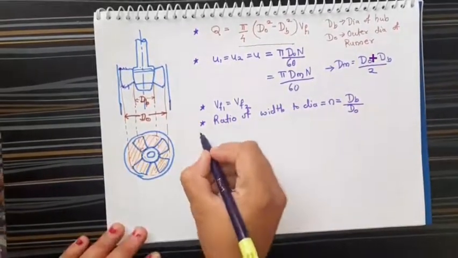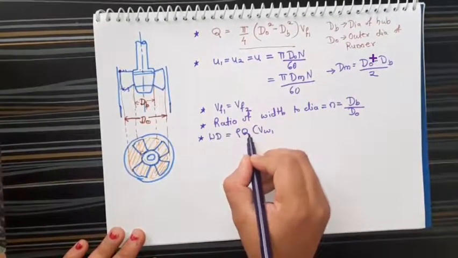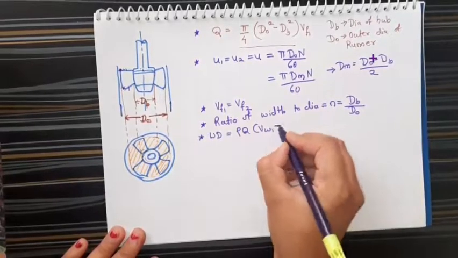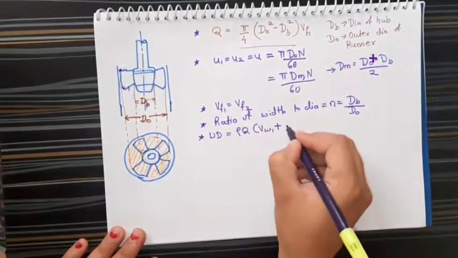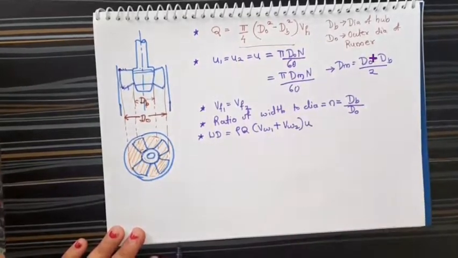Now here the work done for the Kaplan turbine is equal to rho Q (VW1 plus VW2) into U, as U1 and U2 are the same.